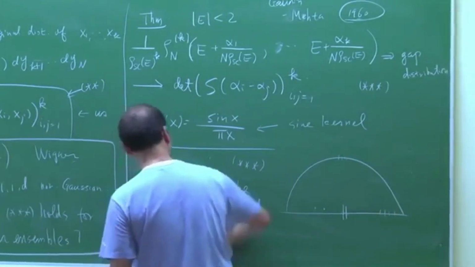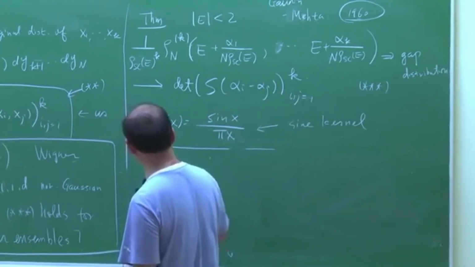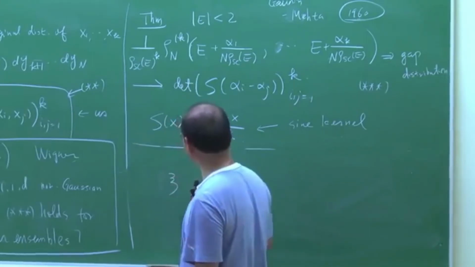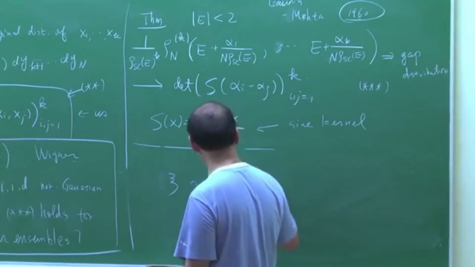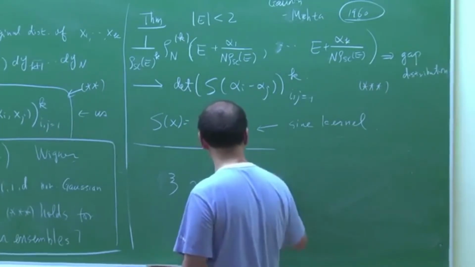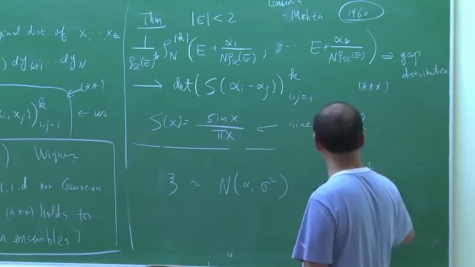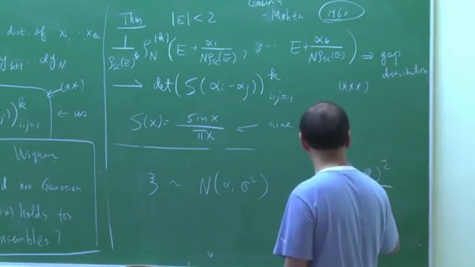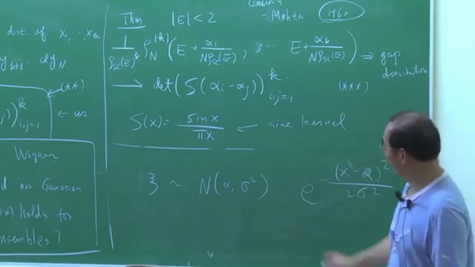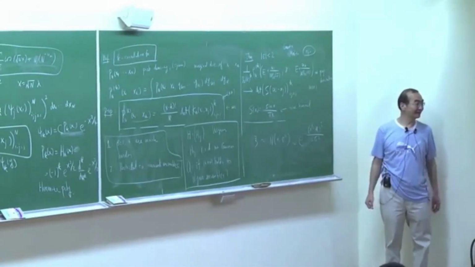If you say x is a Gaussian, this means the distribution of x is a normal distribution with a mean alpha and a variance sigma squared. So this means the probability density is e to the minus (x minus alpha) squared over 2 sigma squared. The probability density has to be given like this. This is called a Gaussian. Say this is of the same type as Gaussian.